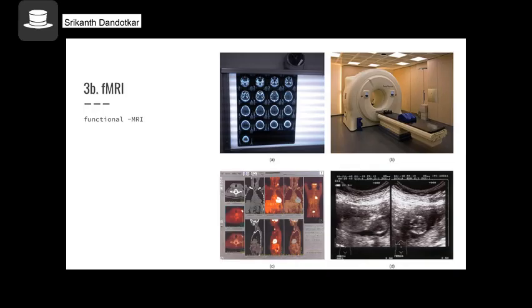So the fMRI is also called the functional MRI. It is different from MRI in the sense that MRI is used to take structural pictures of the brain, while functional MRI is used to understand the functions of the specific structures of the brain.